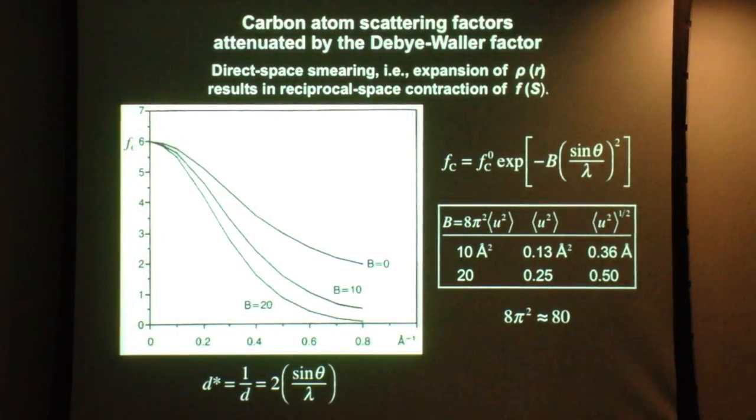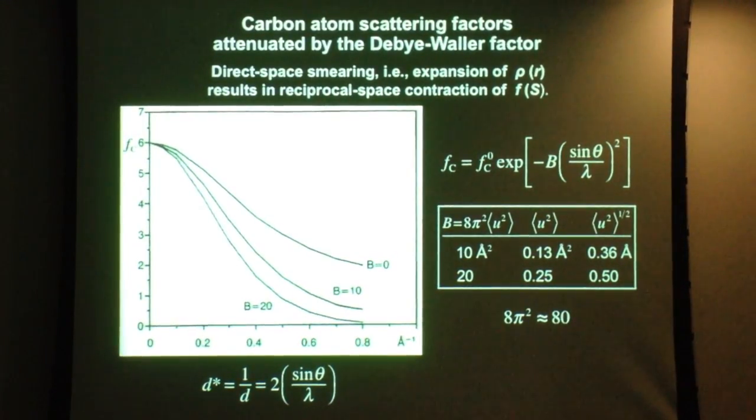But here's the effect of the B factor. Let's consider, say, a carbon atom. If B is 0, this is the parent scattering factor curve for a carbon atom, a value of 6 at 0 sine theta over lambda. If we apply a B factor that has a magnitude of 10, it increases the steepness of the fall off.